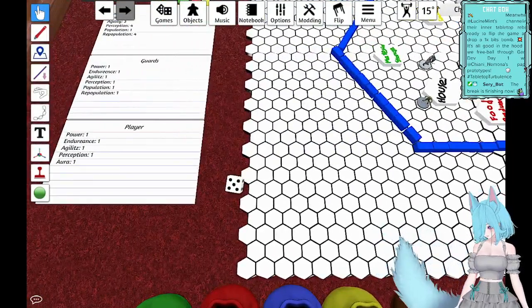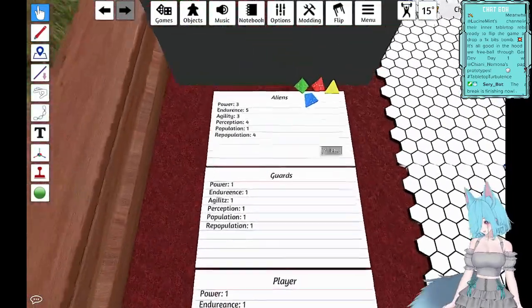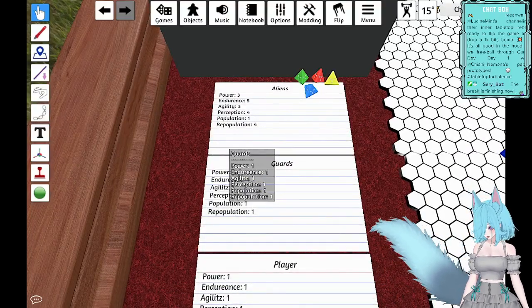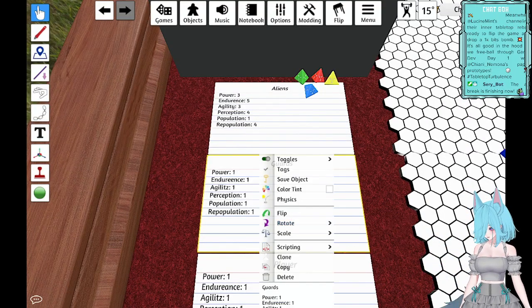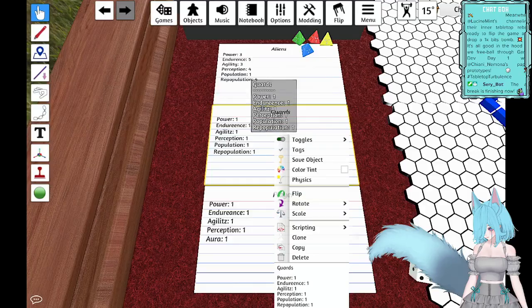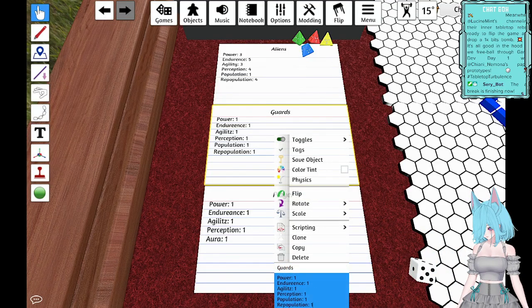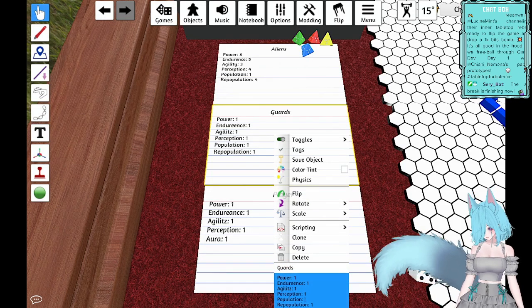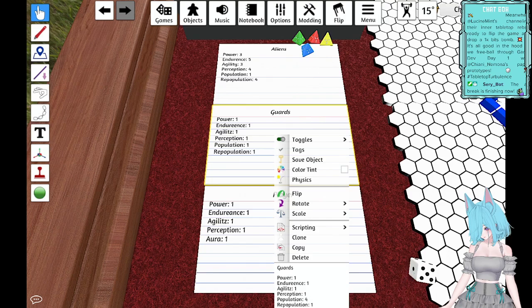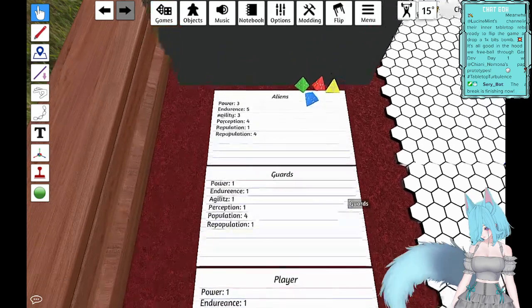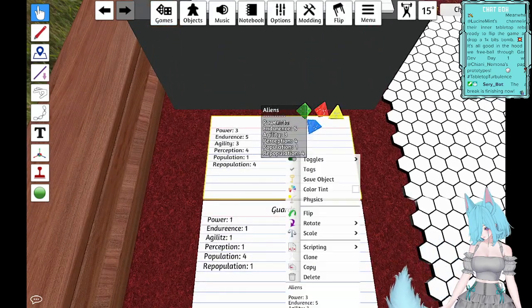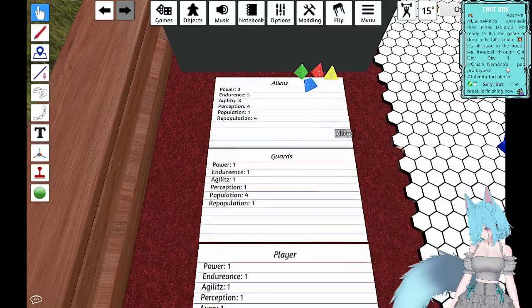Alright. Currently, we're dealing with, also guards have not a population of 1, they have a population of 4, and the aliens have a population of 5.